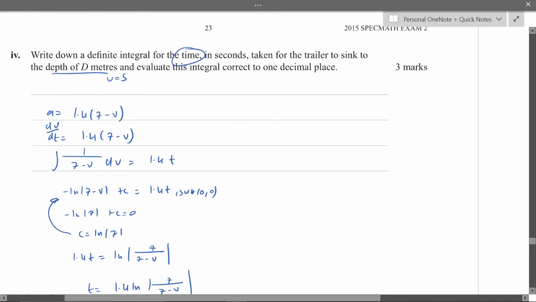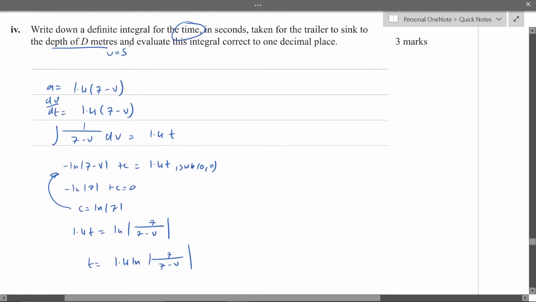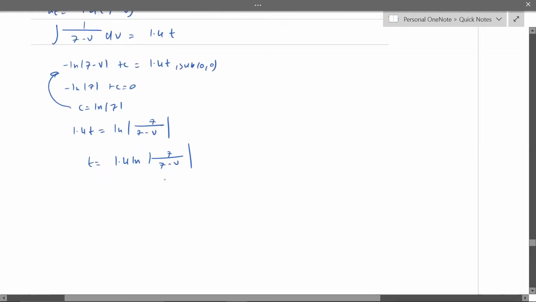So we want when v is 5, and we know when v is 0, t is 0. So we use that integral trick, I guess. So if we integrate from 0 to t of dt equals the integral from 0 to 5 of 1 on 1.4 times 1 on 7 minus v dv, because we know the initial conditions, but we don't know the final condition.